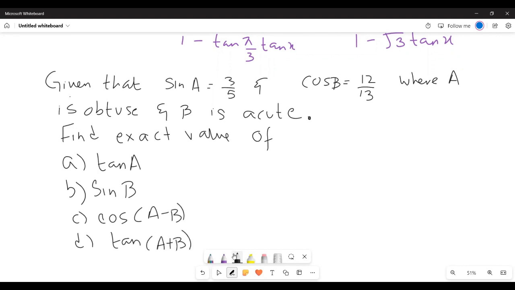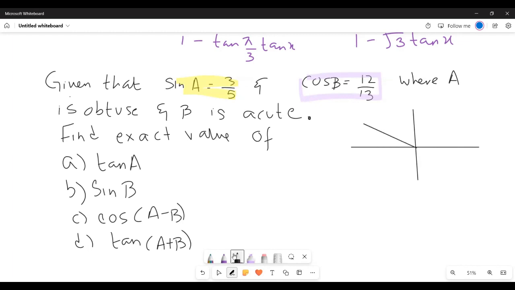Let's start with looking at sin A equals 3 by 5 and cos B equals 12 by 13. What do we know about A? It says A is obtuse. So I'm going to plot an angle in the second quadrant.